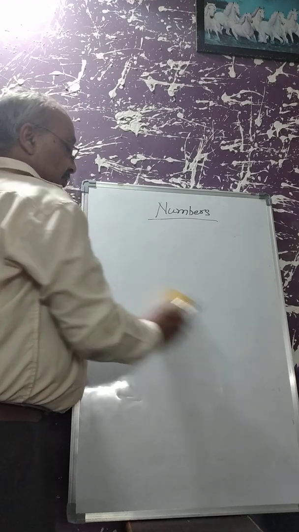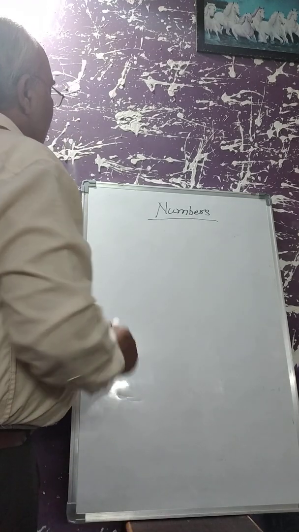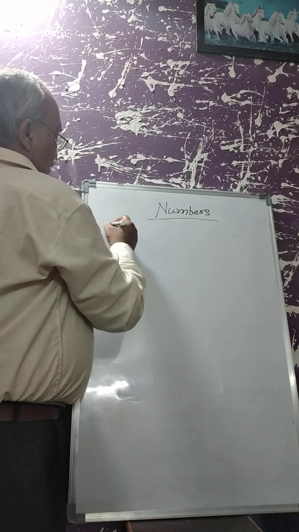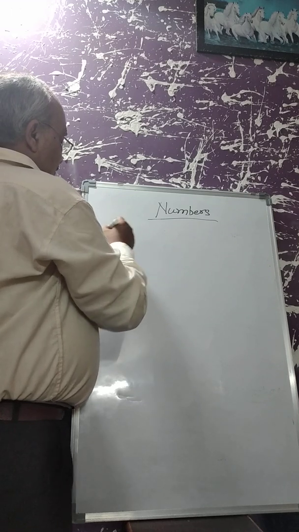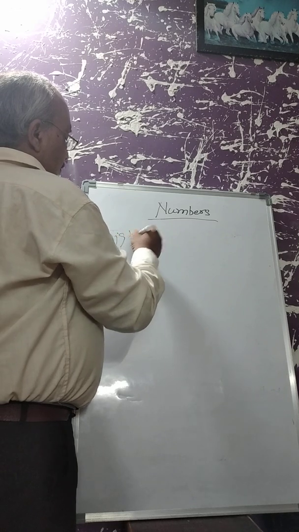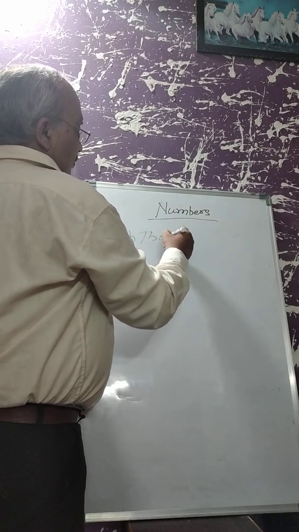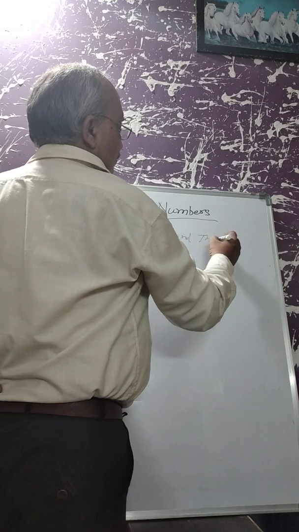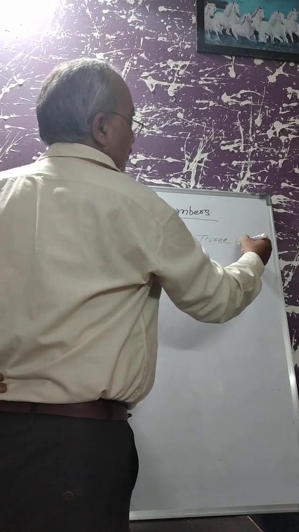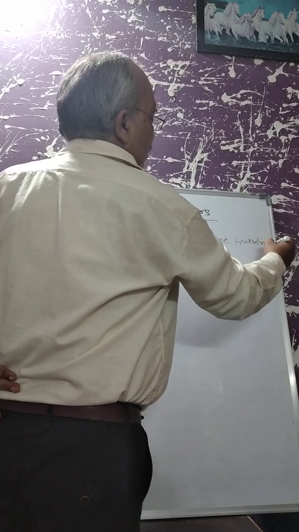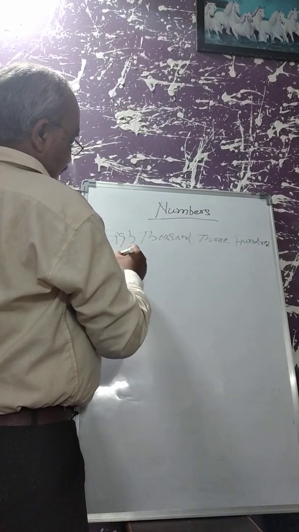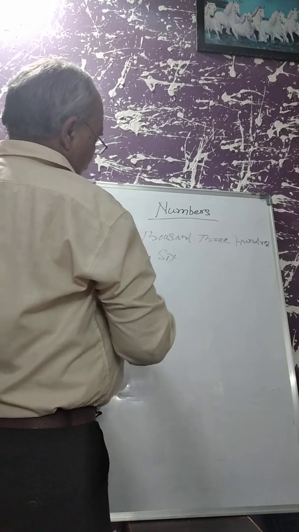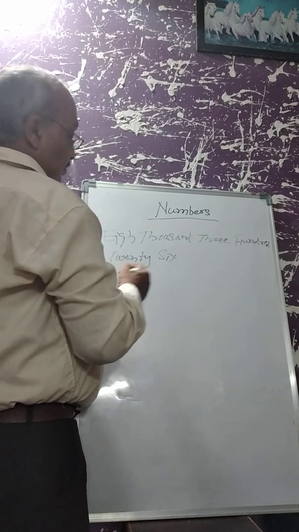Now suppose the expanded form will be given and then you have to find out the number, like 8000 + 300 + 20 + 6, and you have to find out the number. What will be the number?